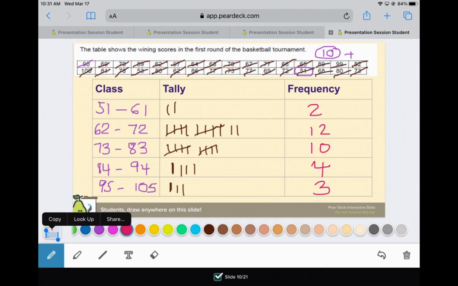Question for me? Okay. So what I want you to do is there is an exercise sheet, a practice for you to work on. Give me 1 second.